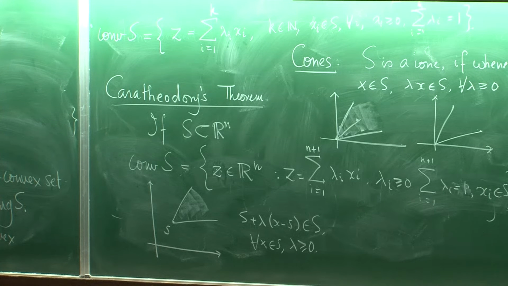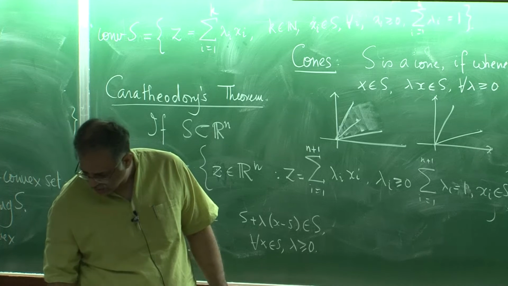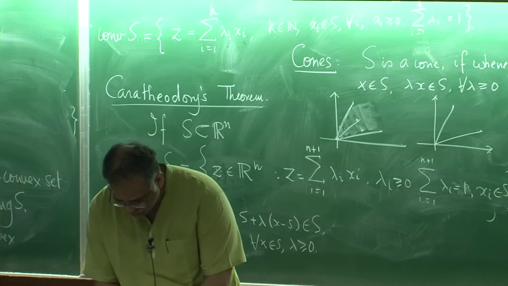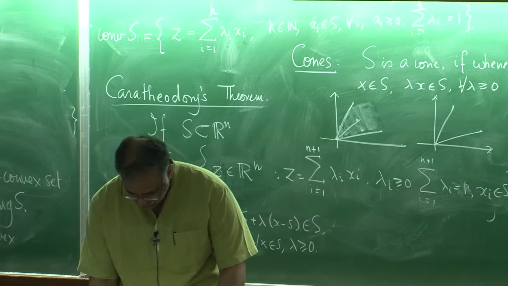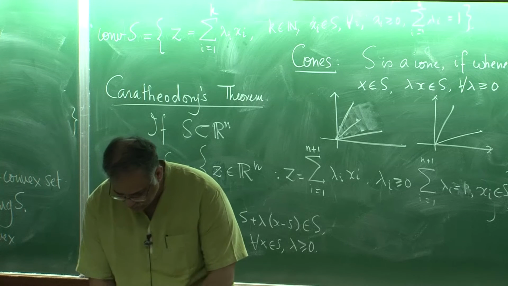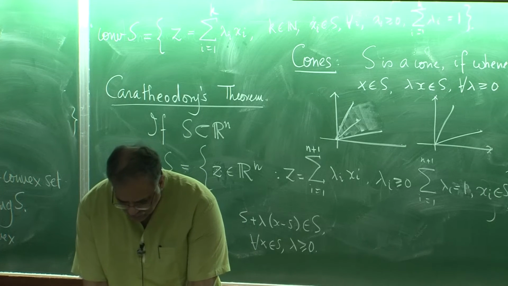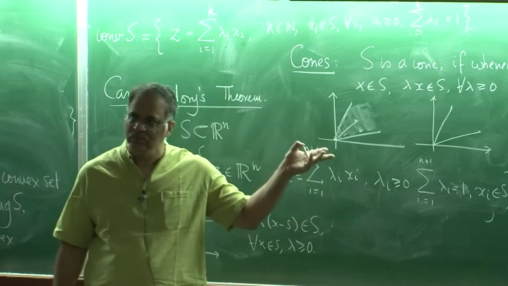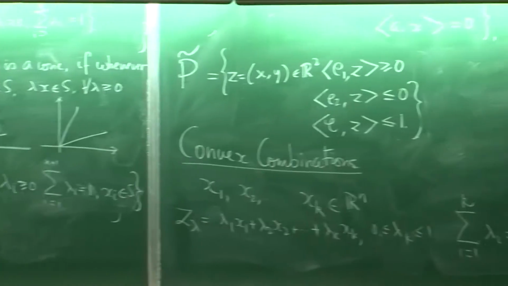Because of the loss of time, whatever would be left, I will do tomorrow and I will put the slides on. So, we will define what is called an affine hull.